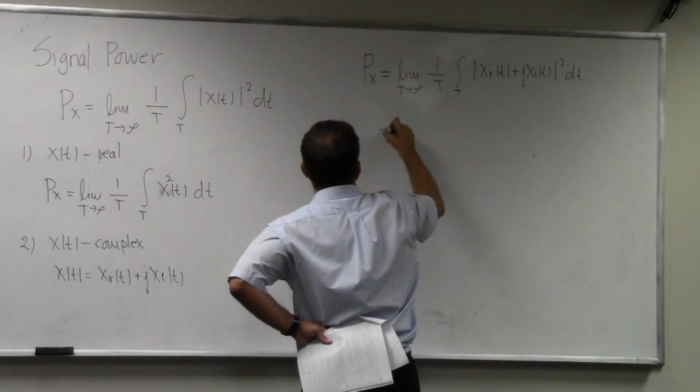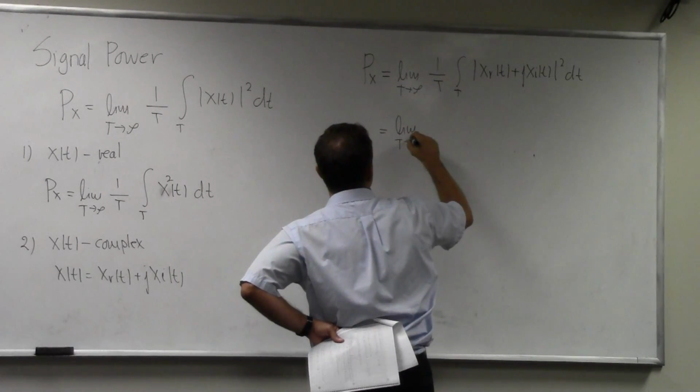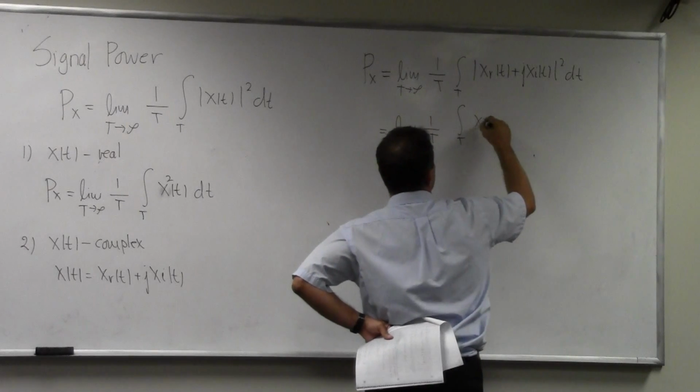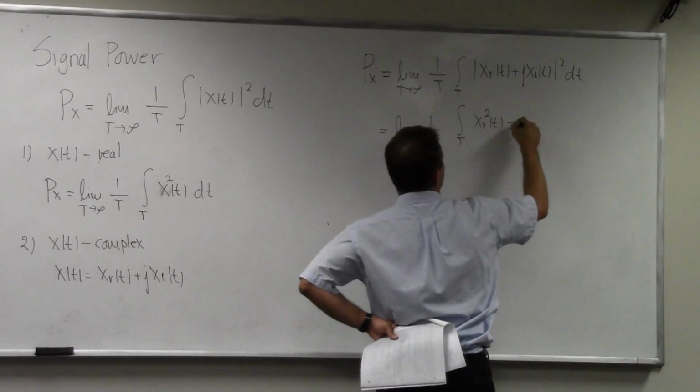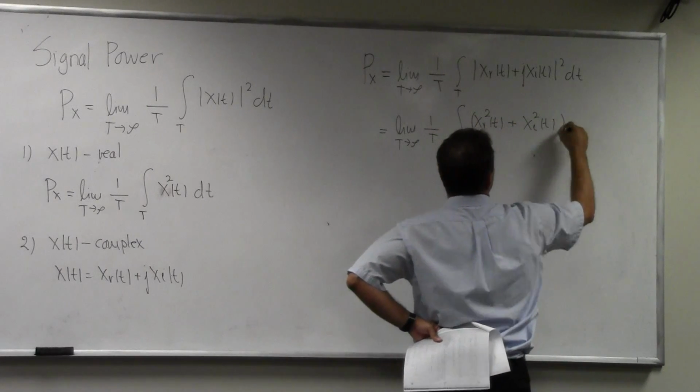Following the same approach as I did for the energy, this becomes the limit as T goes to infinity of 1 over T, integral over T, of x real squared of t plus x imaginary squared of t dt.